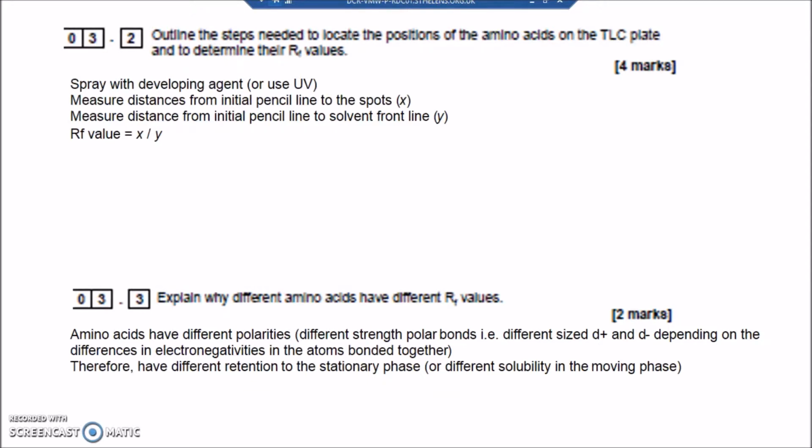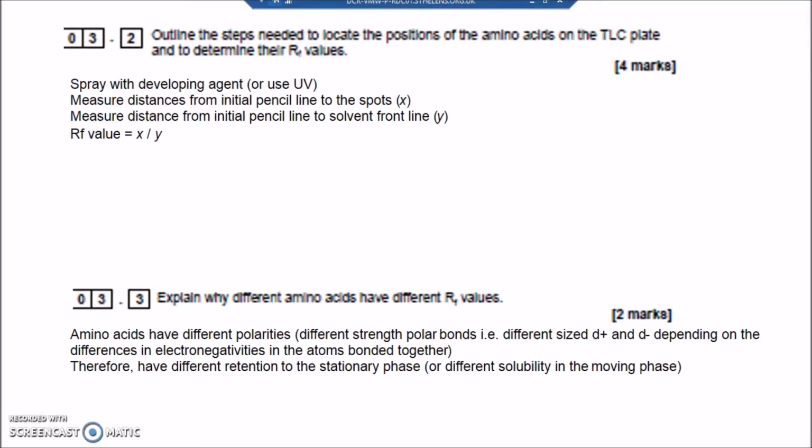So say, for example, if you've got an oxygen bonded to a hydrogen, or a nitrogen bonded to a hydrogen, then the oxygen and hydrogen, or the nitrogen and hydrogen, are very different in electronegativity. So you get very large delta plus and delta minuses. You get very large polar bonds. And then you get hydrogen bonding as intermolecular bonding between those amino acids. So it depends on the polarities or the sizes of the delta plus or delta minuses in the amino acids.